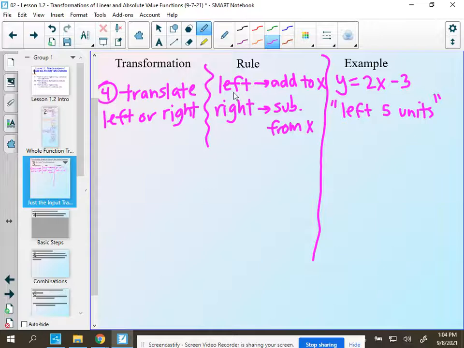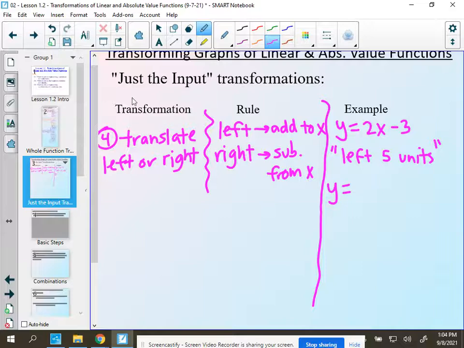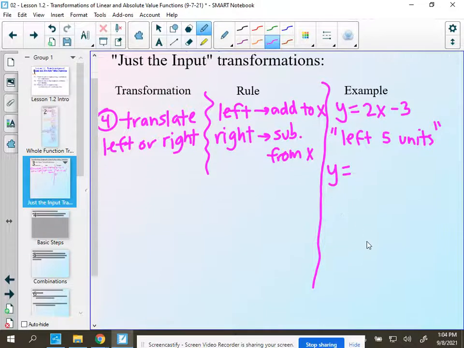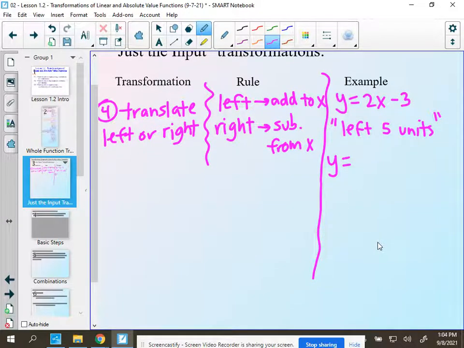What did Mr. Kroll say? If I want to move this left, I need to, now watch this, just do it to the x. These are just the input transformations. So what does that mean? It basically means I need to peel everything away from the x. The 2 is getting peeled off the x. And what do I mean by peeled off? I separate it with parentheses. Peel that 2 off the x. It's separate. Now I've got the x by itself.